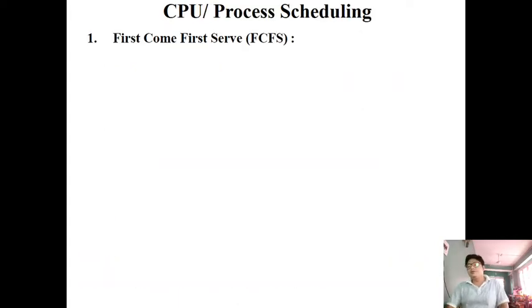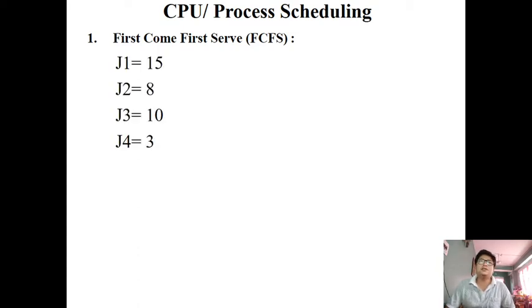Now we will look into the various CPU scheduling algorithms. I'll just quickly go through it because we have already covered it. In case of the first come first serve algorithm, we give the CPU to the process which arrived at the system first. Let us consider there are four processes which have arrived at the system at time t equal to 0, in the given order. J1 came first, then J2, J3, J4, although they arrived at the same time T0.